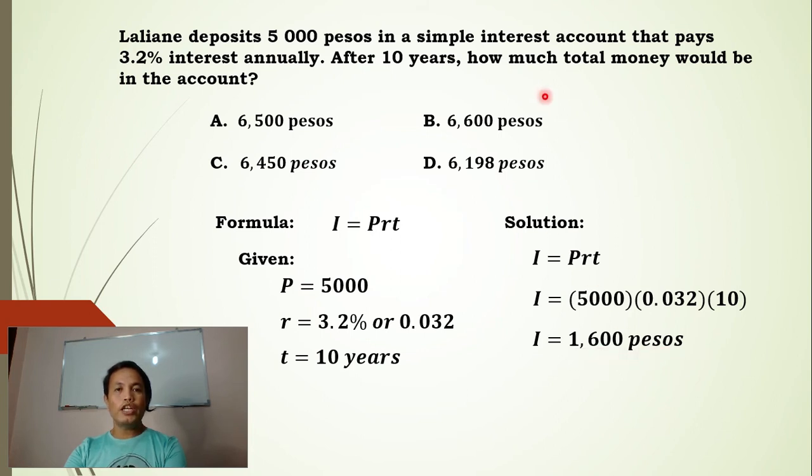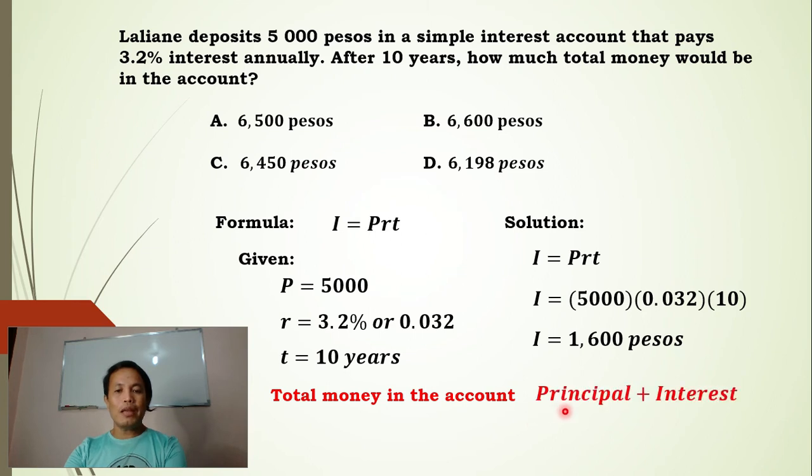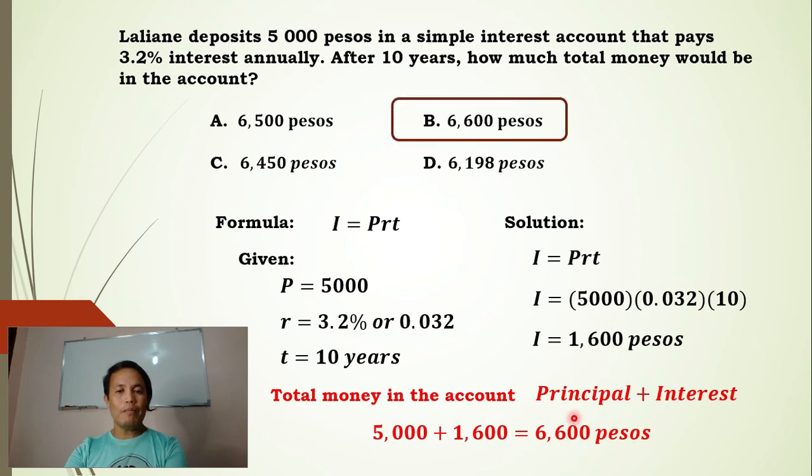But since we are told to find the total money in the account after 10 years, we just simply add the principal plus the interest. So therefore, that is 5,000 plus 1,600, that would be equal to 6,600 pesos. So the total money in the account after 10 years would be 6,600 pesos. So the correct answer is letter B.